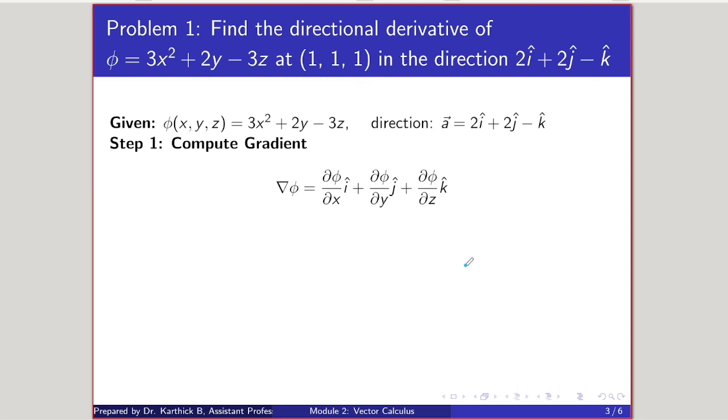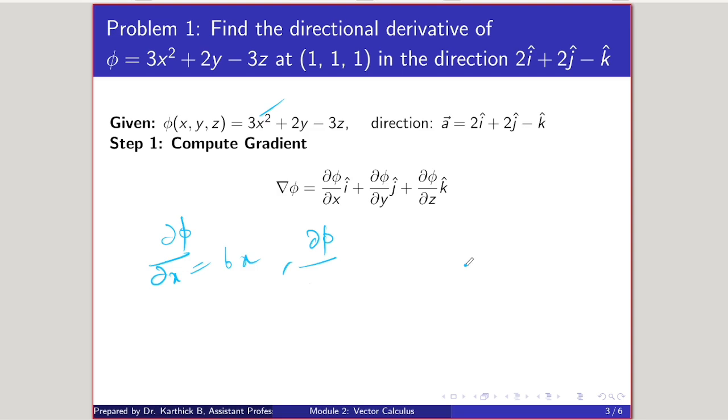So first of all, we know that gradient phi will be dou phi by dou x i vector plus dou phi by dou y j vector plus dou phi by dou z k vector. Then I will find dou phi by dou x. Here it is our phi. So dou phi by dou x will be 6x. The remaining terms become 0.